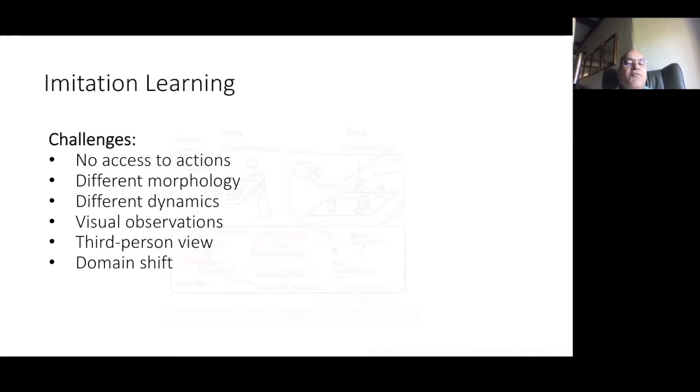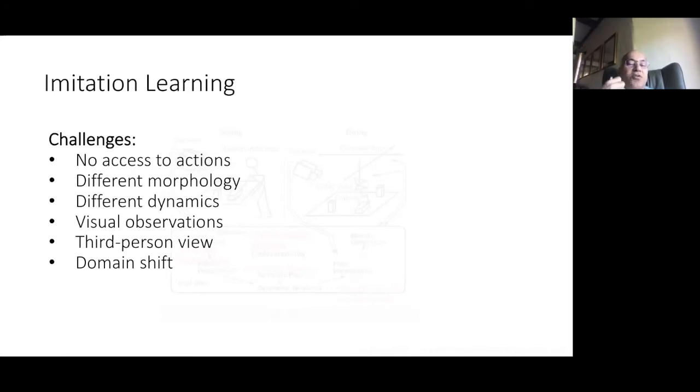In all these settings, we want state-action pairs, but we typically don't have access to actions, right? If I observe my parent perform some action, I know the sequence of states, but I do not know the sequence of actions, because the actions are in their head, what commands they gave to their hands, etc. We need to deal with the problem of different morphologies.